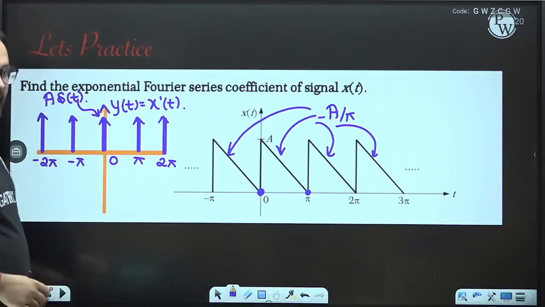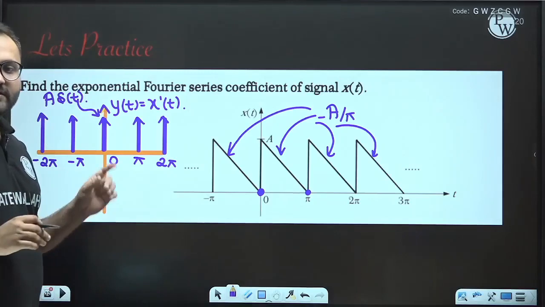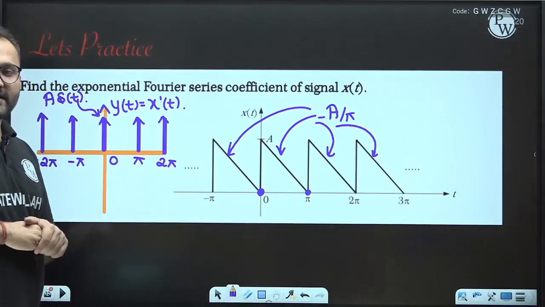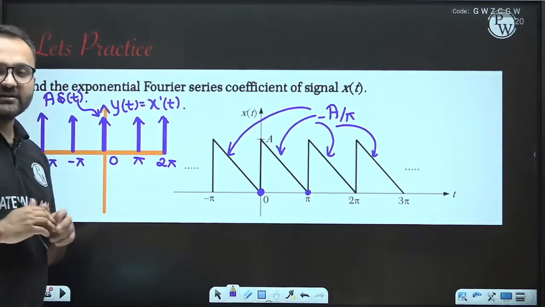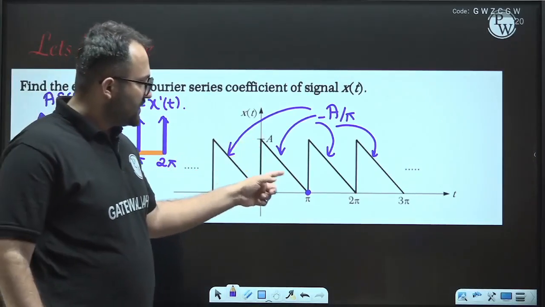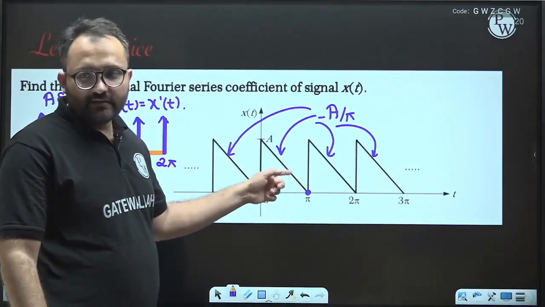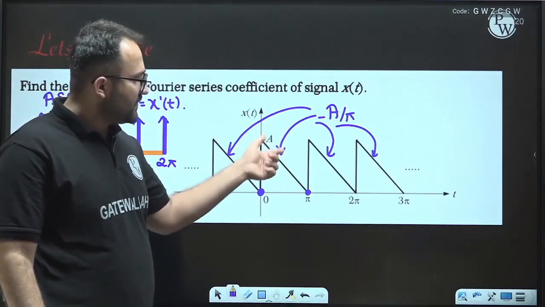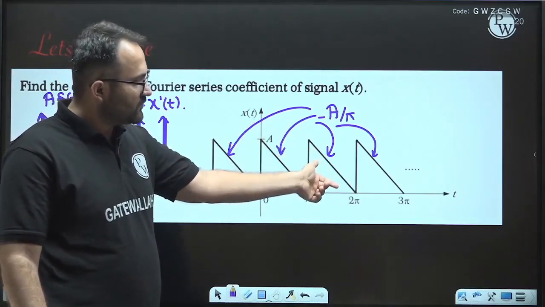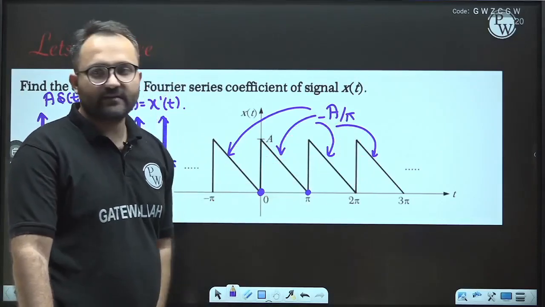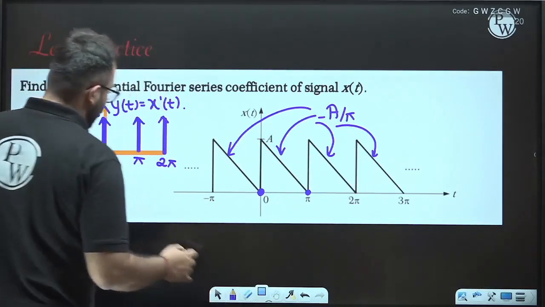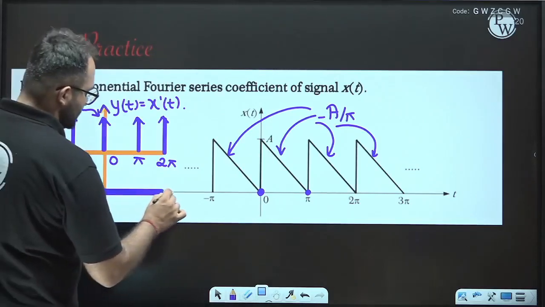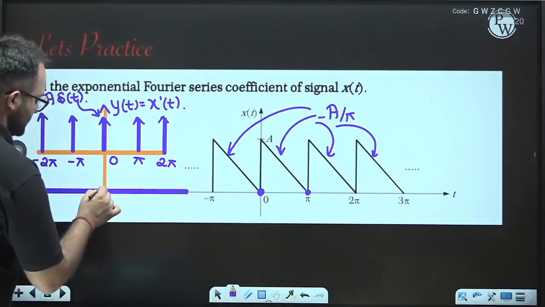And not only this delta, the differentiation will also have another thing, that is, in this region we can say that the slope is minus a by pi, here also minus a by pi, here also minus a by pi. So the differentiation will also have a constant term, that is minus a by pi.